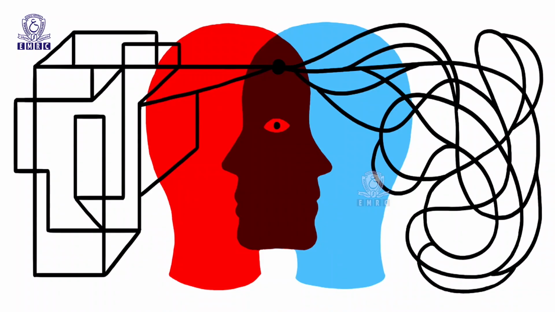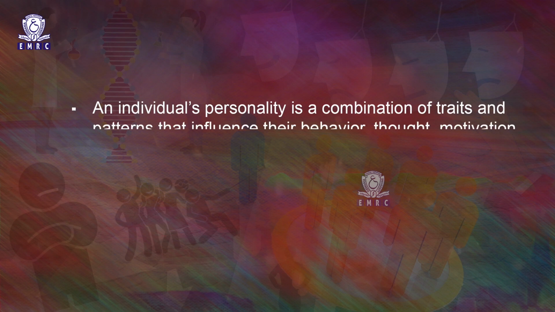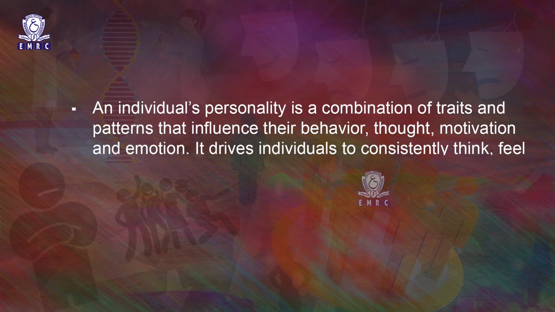These adjectives are personality words which are qualities of behavior. Every individual has a style of action which indeed becomes one's personality. Thus, personality can be broadly defined as the total quality of an individual's behavior. An individual's personality is a combination of traits and patterns that influence their behavior, thought, motivation and emotion.